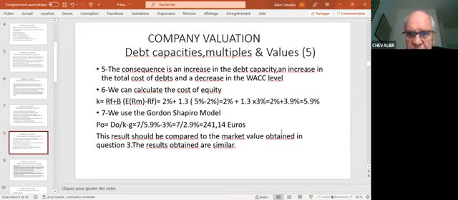And K is under the hypothesis of the capital asset pricing model. So we have also a proxy, and the comparison between the 241 and 250 shows that it's quite coherent. It's not exactly the same, it's not identical, but it's very similar.